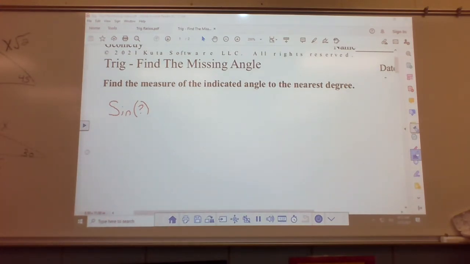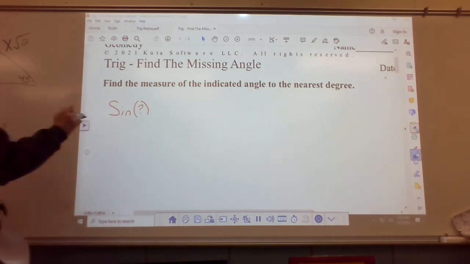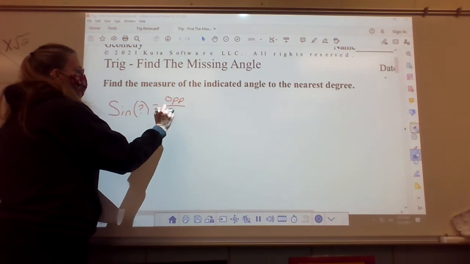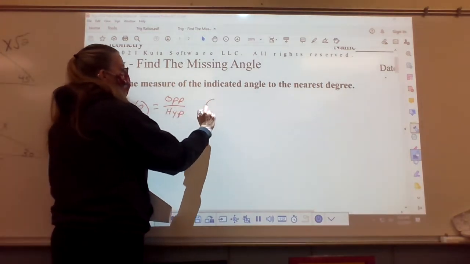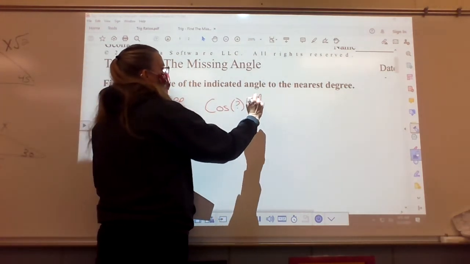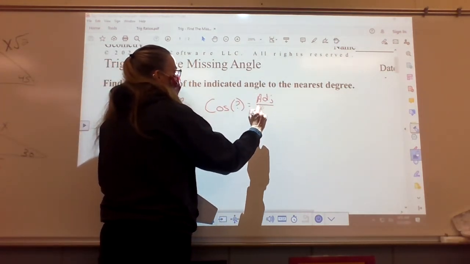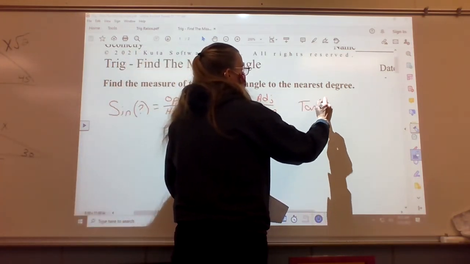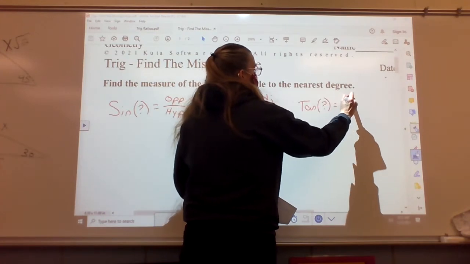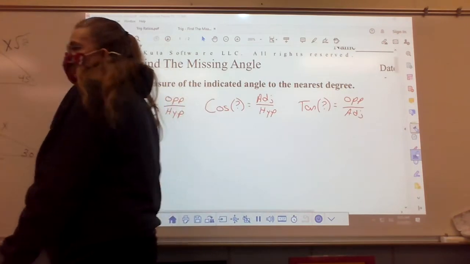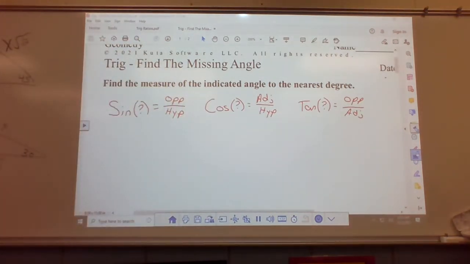So I'm just going to add the question mark in there. Equals opposite over hypotenuse. The cosine of the question mark, adjacent over hypotenuse. The tangent of the question mark, opposite over adjacent. So it's pretty much the same relationships that I wrote before. The only thing different was I put the question mark in.